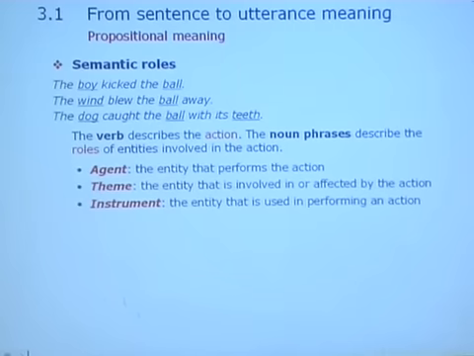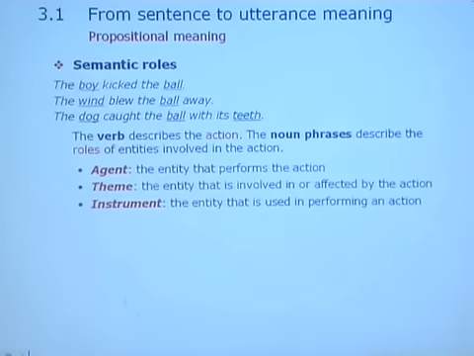It's not an agent. Well, the object affected is called a theme, it's not a theme. How would you characterize the semantic contribution of with its teeth? Yes, something like a tool, an instrument. Yeah, that's it. Okay? So here we have agent, theme, and instrument.